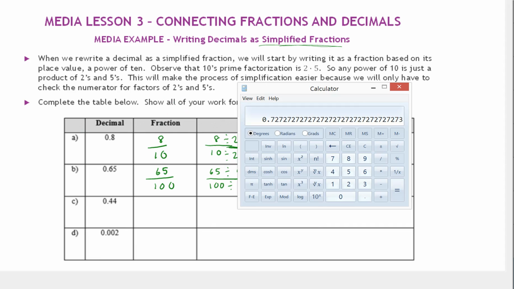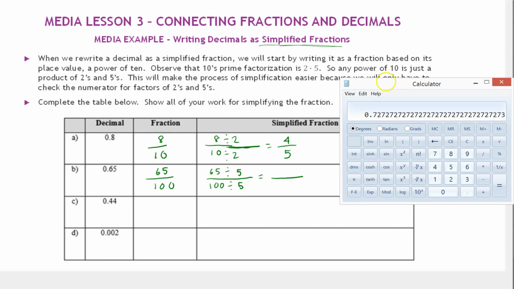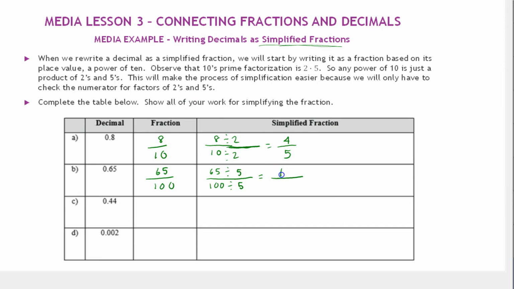Okay, you can do this by hand or you could use the calculator. 65 divided by 5 is 13, and 100 divided by 5 is 20. So we have 13 over 20. Now I'm just going to check to see if it can be simplified more. So 20 still has factors of 2's and 5's. 13, it's not even, it doesn't end in 0 or 5, so this is completely simplified.